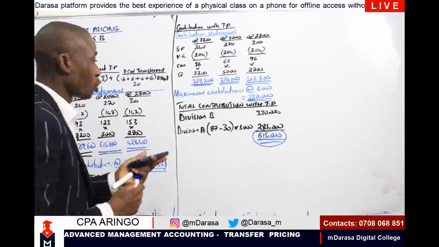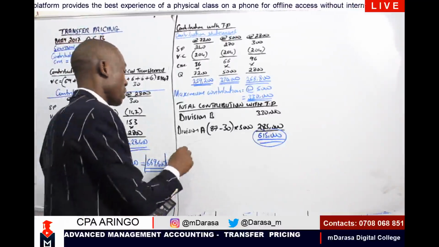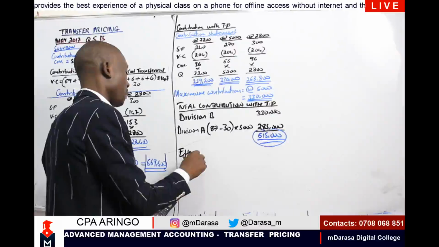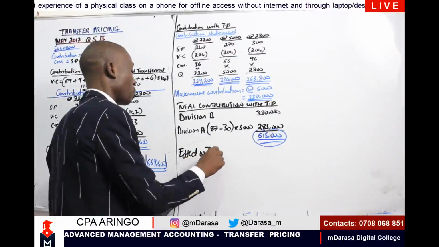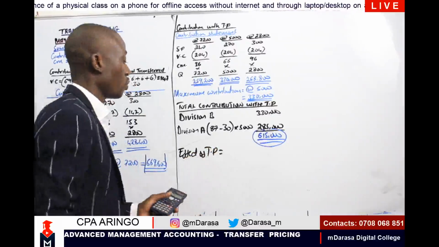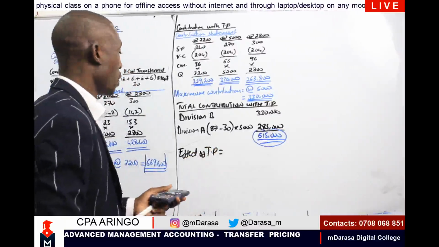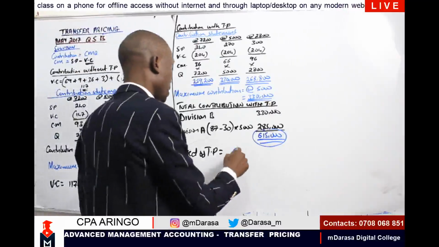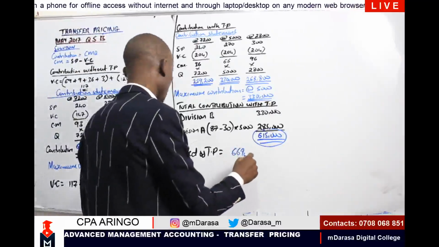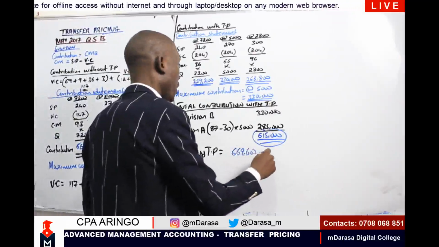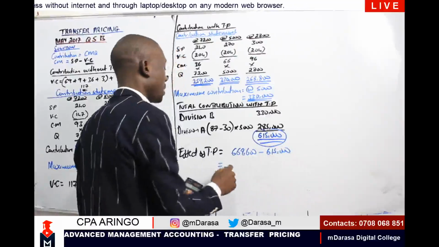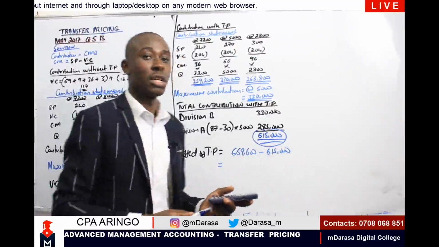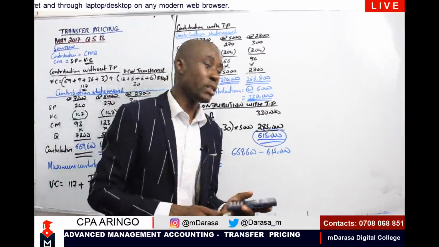So what will be the effect of this transfer pricing to our profit? How will it affect our profit? Without was 669,600. With is 615,000. So we can clearly see that my profit is reducing.